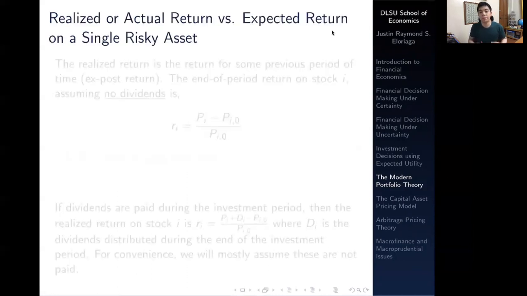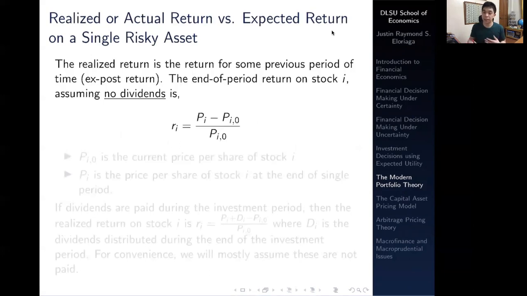So in the modern portfolio theory, we need to be accustomed to the difference between the realized or the actual return, which already happened, and the expected return. The realized return is a return that already transpired, the return for some previous period of time. So it's an ex post return, right?